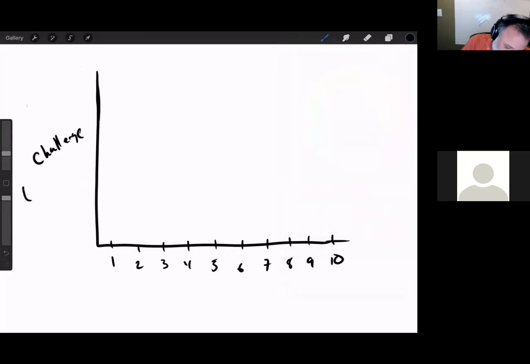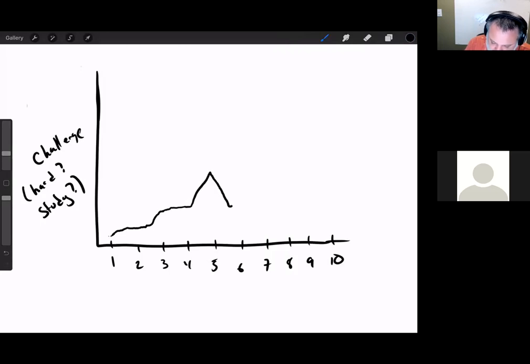Maybe this is how hard you think it is. Maybe this is how much you have to study. Whatever you want to say about the challenge. But it goes kind of like this, right? 1 is pretty easy. 2 is pretty easy. There's a little bit of a challenge with 3 and 4. Nomenclature kind of spikes up. It's a little bit hard.